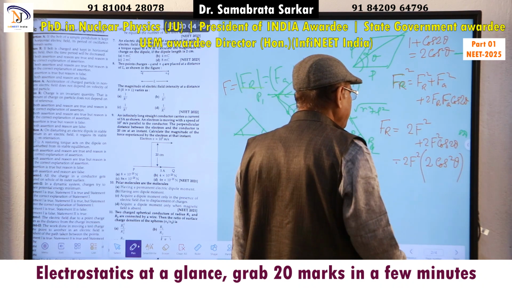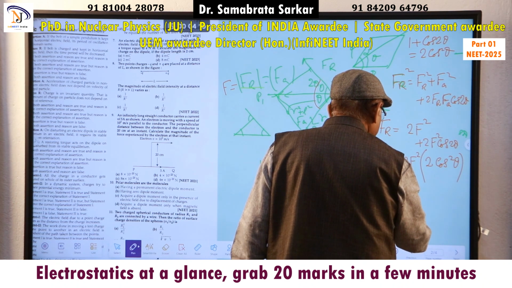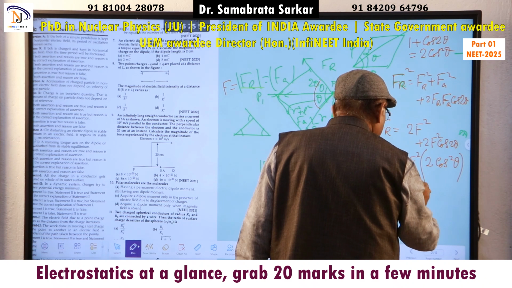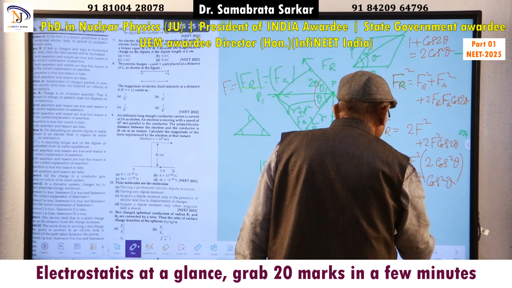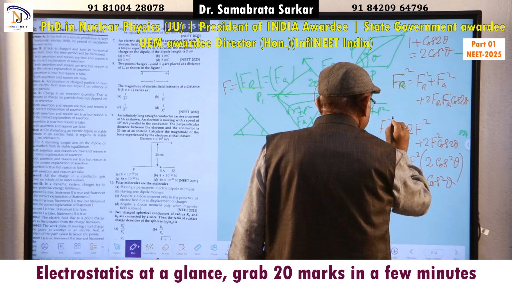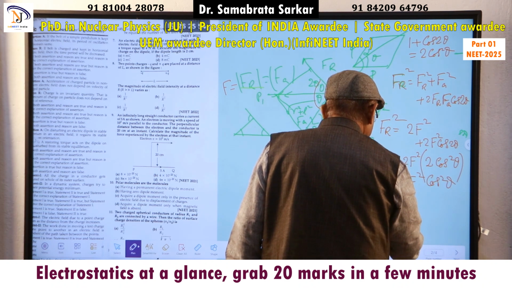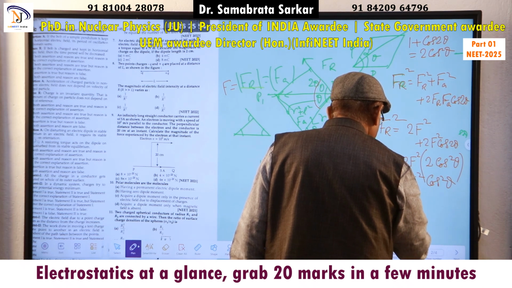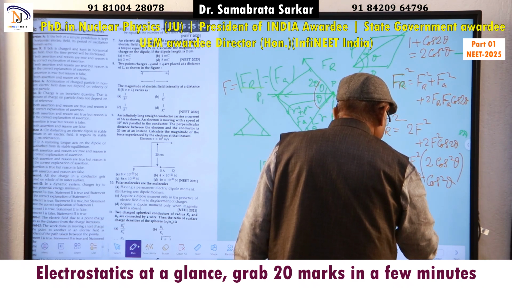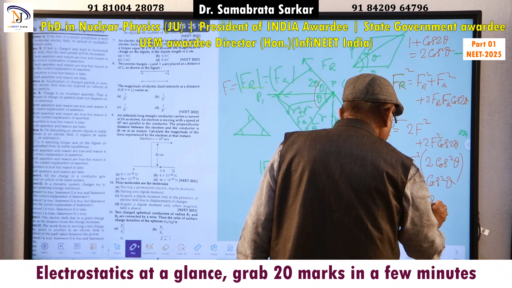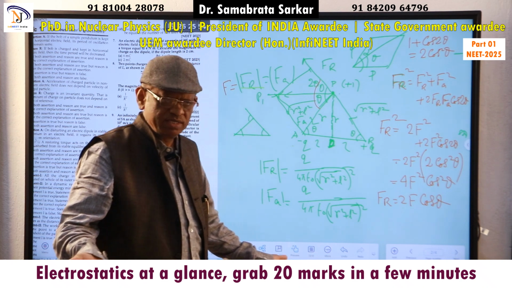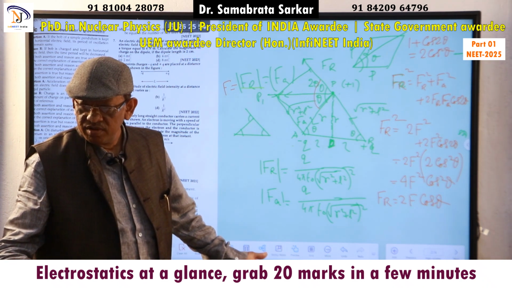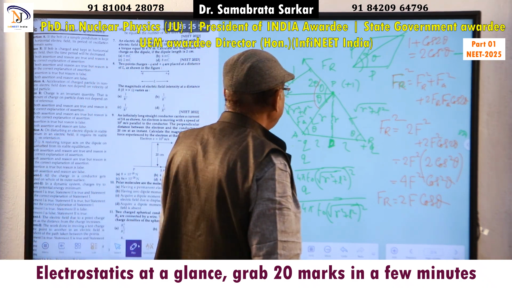Am I clear? So what can you write? 4F squared cos squared theta. Then F_R equals twice F cos of theta. Easy or tough? Easy.